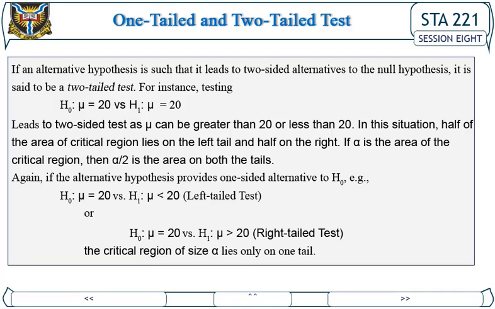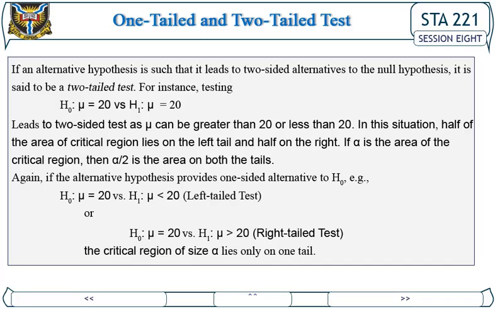One-tailed and two-tailed test. If an alternative hypothesis is such that it leads to two-sided alternatives to the null hypothesis, it is said to be a two-tailed test. For instance, testing H0: population mean is equal to 20 versus H1: population mean is not equal to 20 leads to two-sided test as mean can be greater than 20 or less than 20.